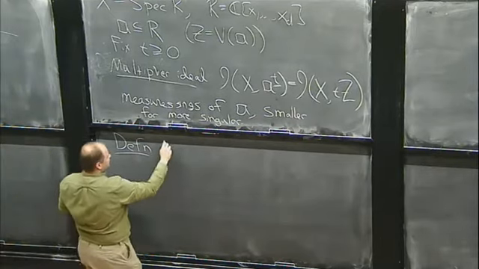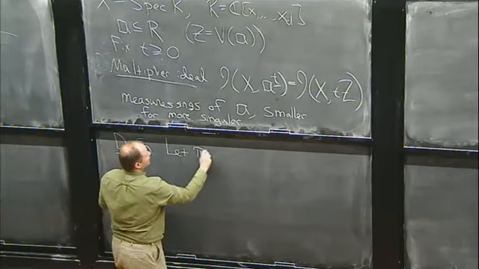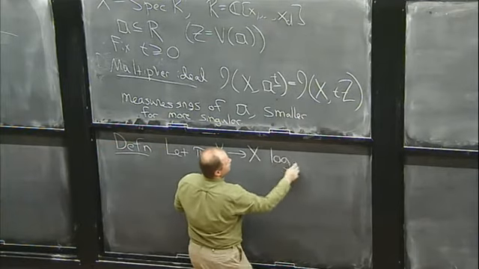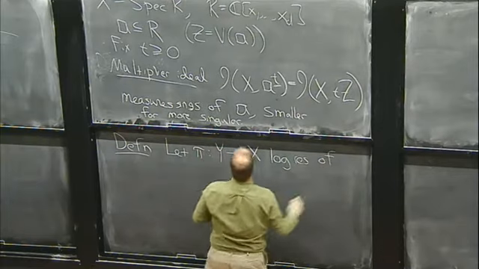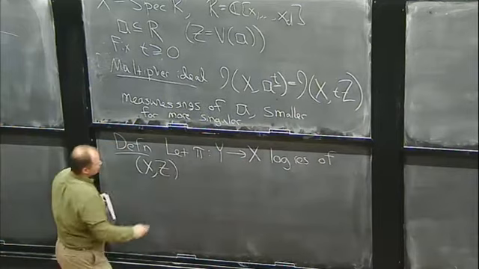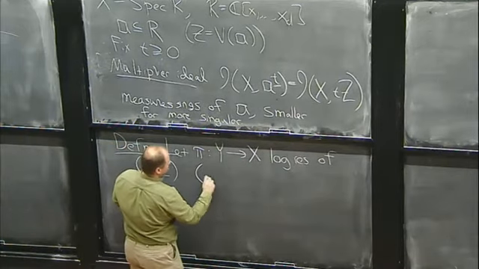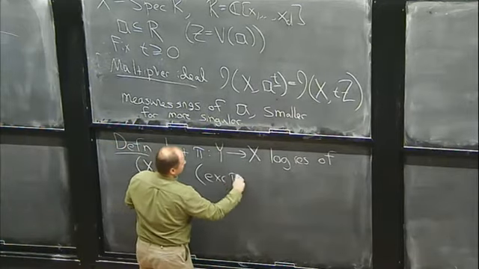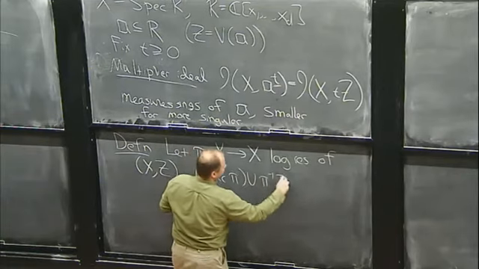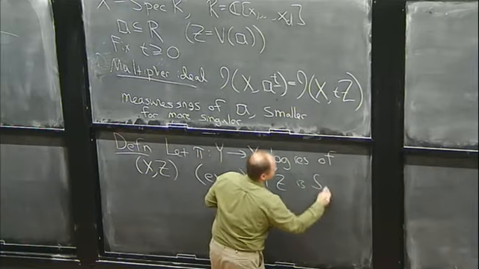And so here's the definition. We're going to let pi from Y to X be a log resolution of the pair (X, Z), which just means that the exceptional set of pi, union with the inverse image of Z, is simple normal crossings.